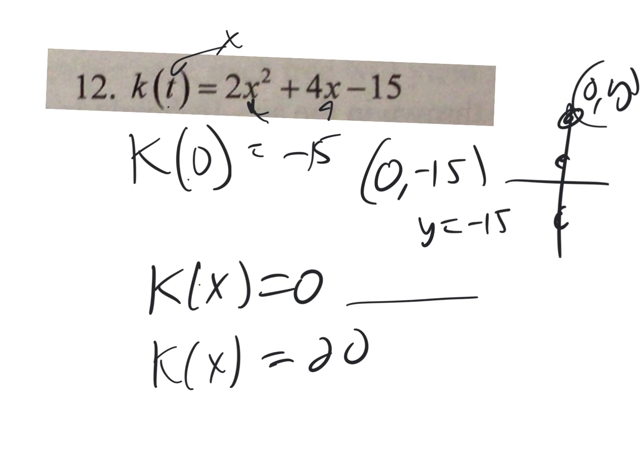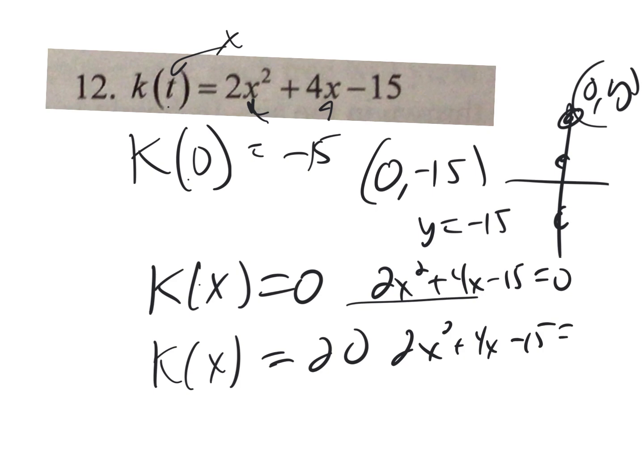For k of x equals 0, you could write 2x squared plus 4x minus 15 equals 0. For 20, you could say 2x squared plus 4x minus 15 equals 20, then 2x squared plus 4x minus 35 equals 0, and then use tech to solve it.